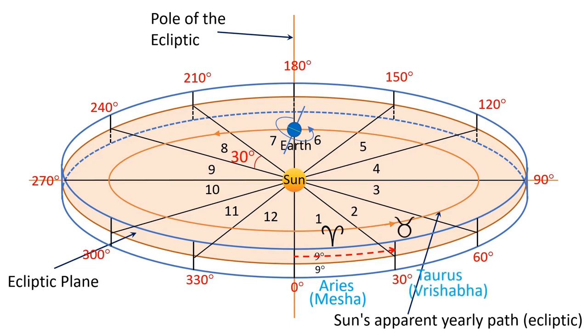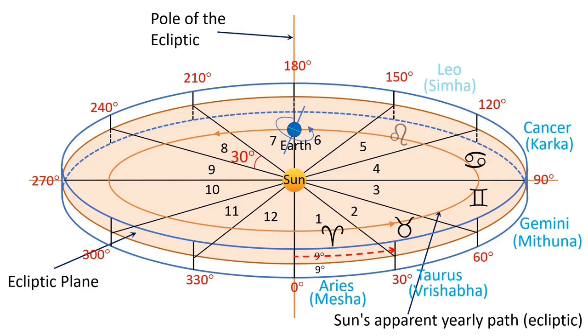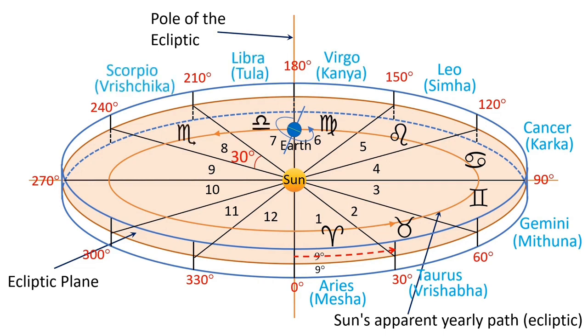The third sign is called Gemini or Mithuna. Fourth is called Cancer or Karka. Fifth is called Leo or Simha. Sixth is called Virgo or Kanya. Seventh is Libra or Tula. Eighth is Scorpio or Vrishchika.